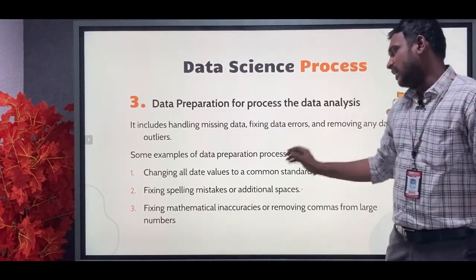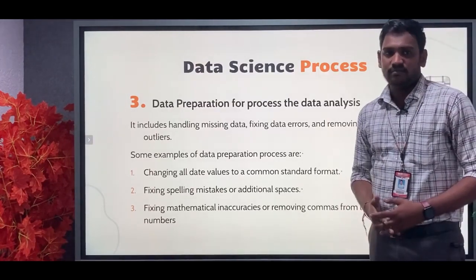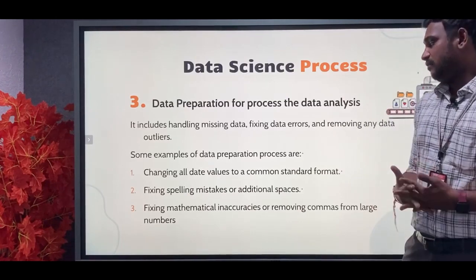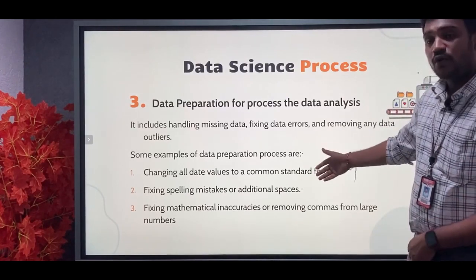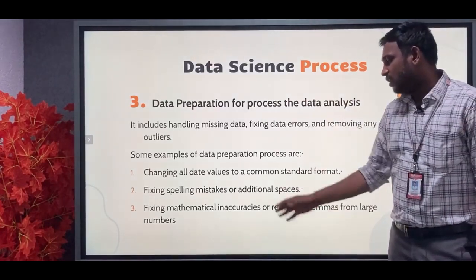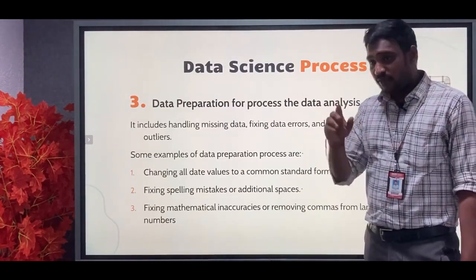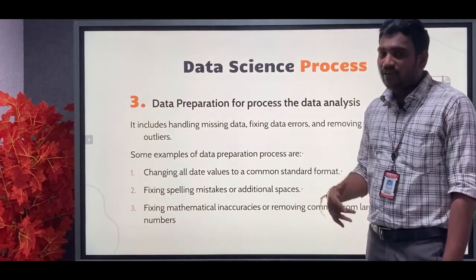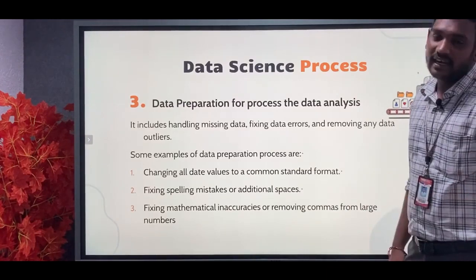For applying the data science process. Second one, fixing spelling mistakes or additional spaces. Spelling mistakes are common because we are humans; we may make spelling mistakes in English sometimes. So you have to pre-process the data in this step. Next, third one, if you write 1,000 with a comma, which is correct in our aspect, but in the computer aspect, a comma is not allowed for a data science process.